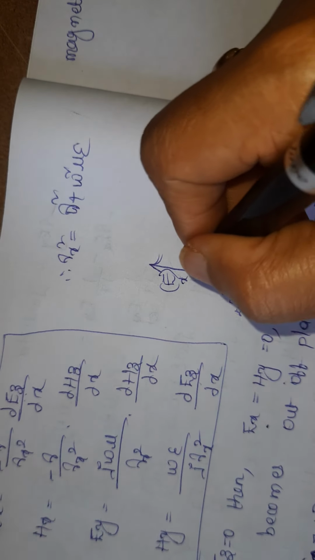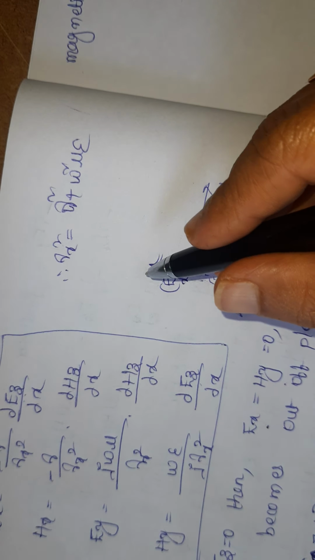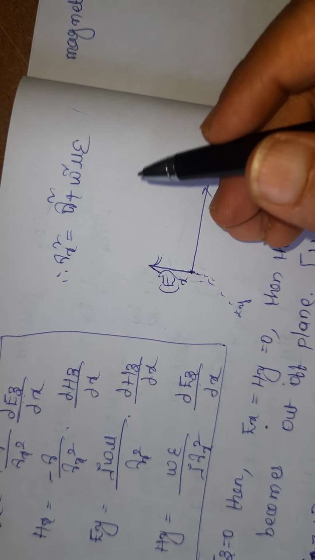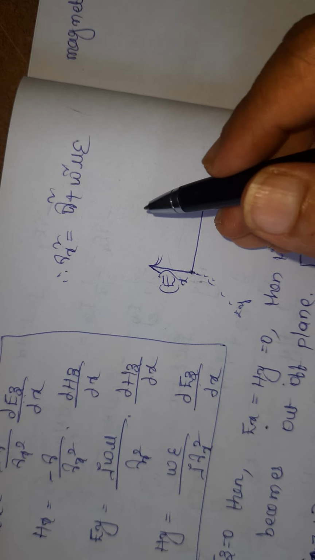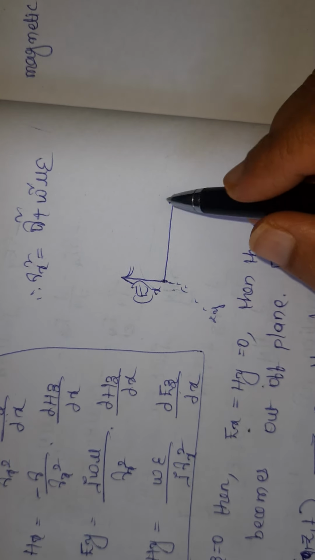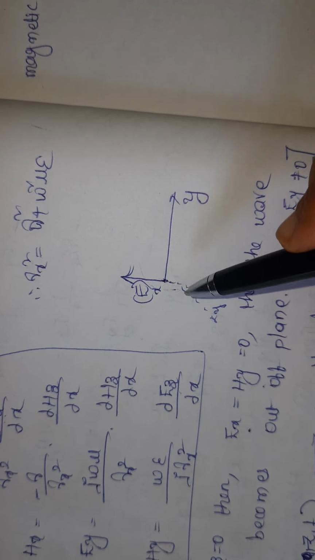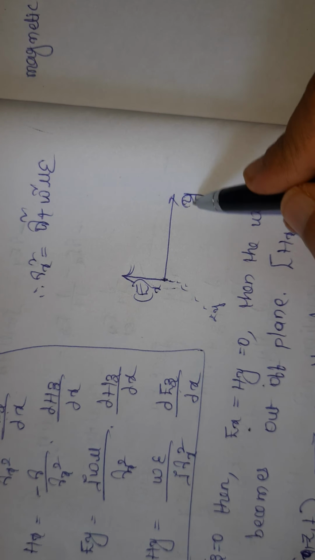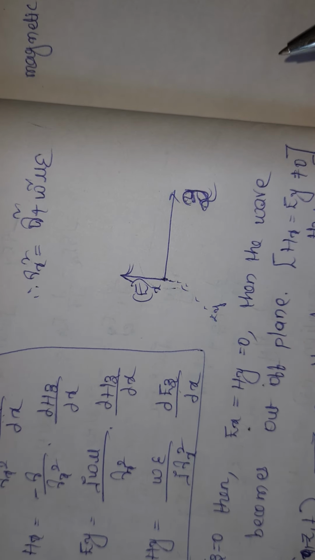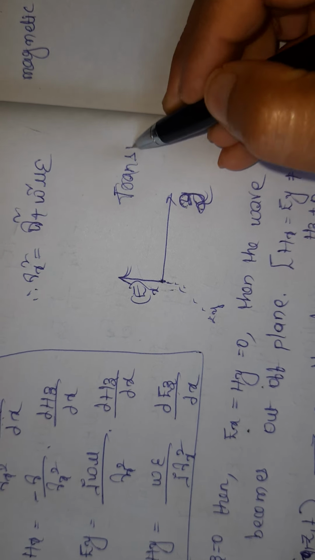The y is out of the paper, out of the plane, like this magnetic field will be present. So this is the basic transverse nature we have considered. Electric field is along x direction, magnetic field is along y direction, and the propagation is along z direction. This is basic transverse nature.